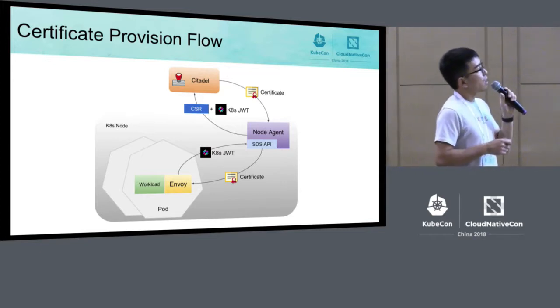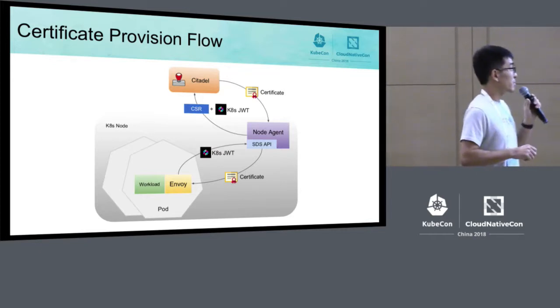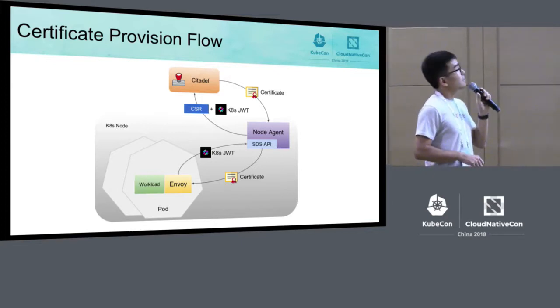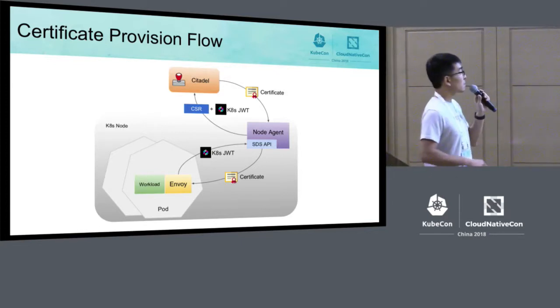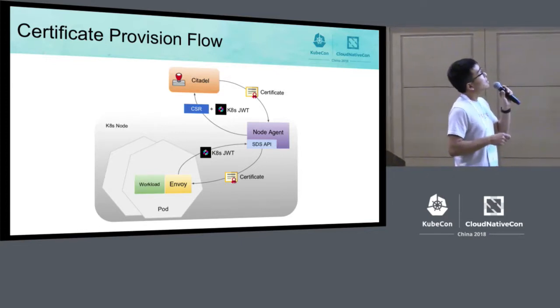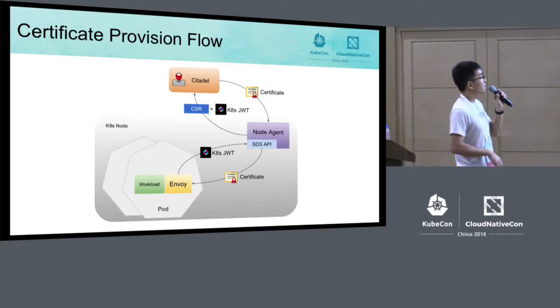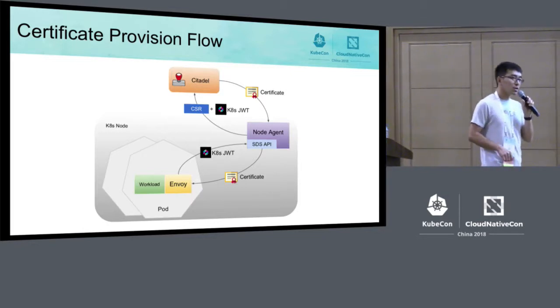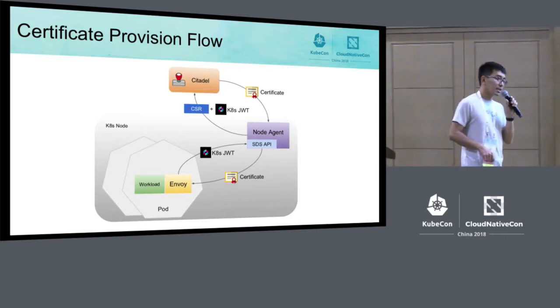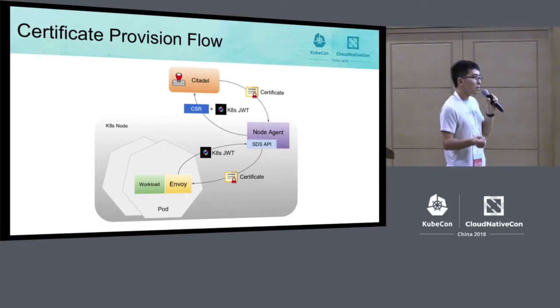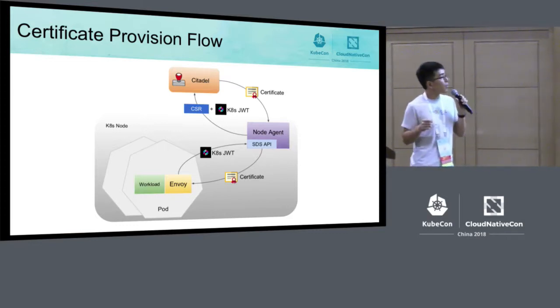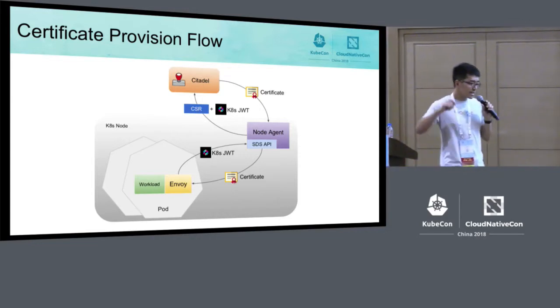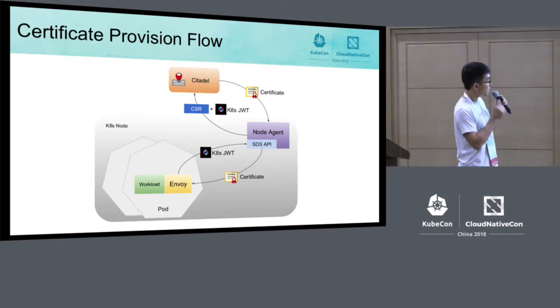What the node agent solves are two problems, right? The first problem is, if you know previously our security architecture, the Citadel is hooked up with the API server, and it watches the service account creation and deletion. Based on those operations, it will generate the certificates and then write into the secret.